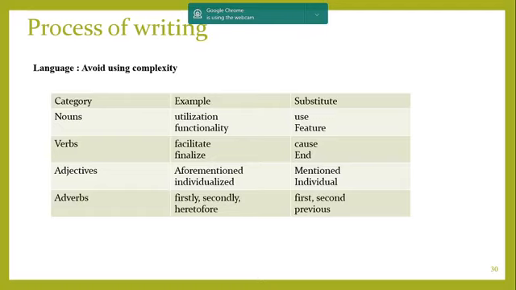So these are examples of nouns. Verbs are the same way. Facilitate, cause; finalize, end. Adjectives: aforementioned, mention; individualized, individual. Same way, adverbs: firstly, secondly, first, second, previous.